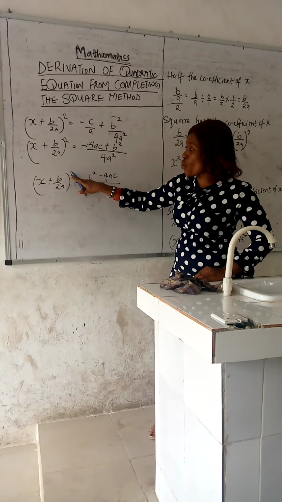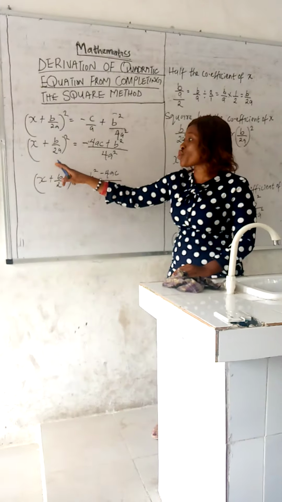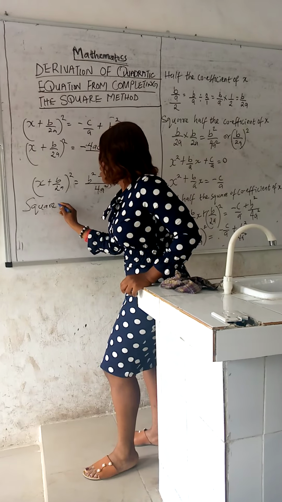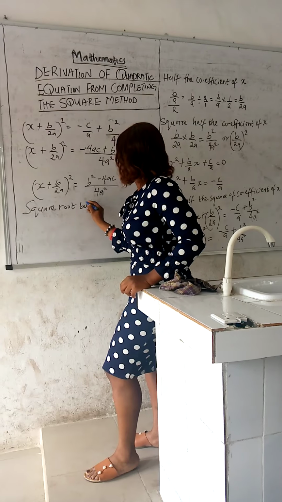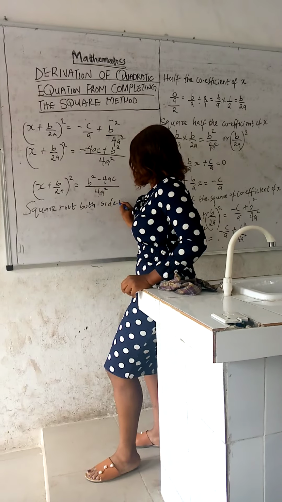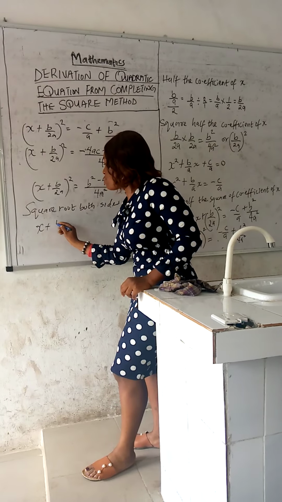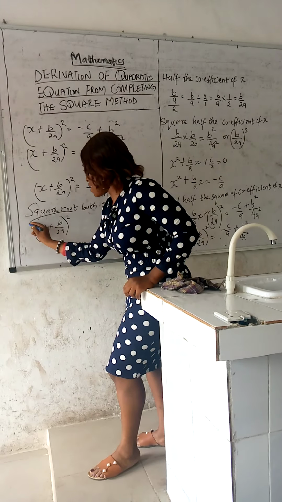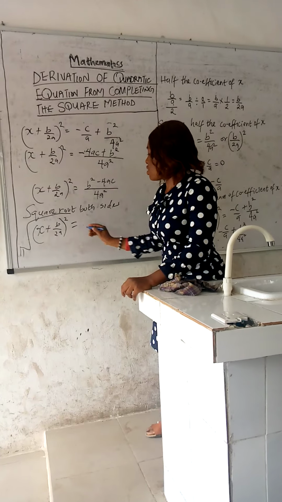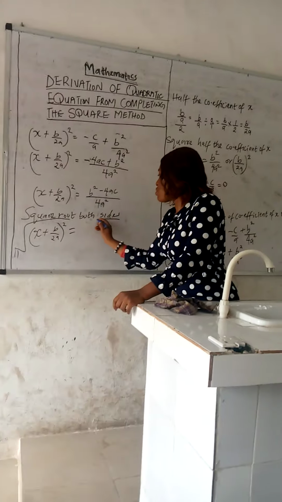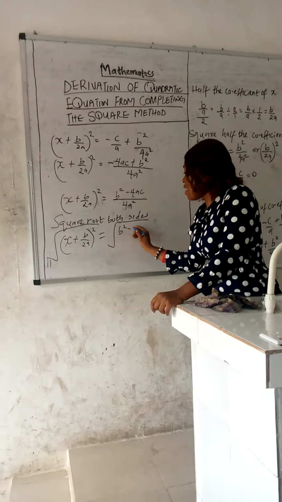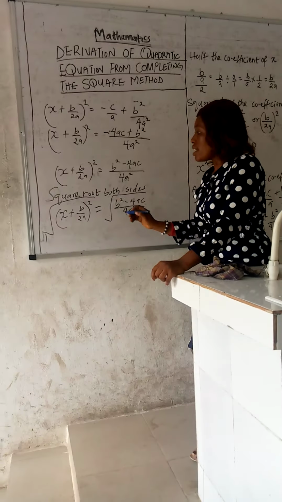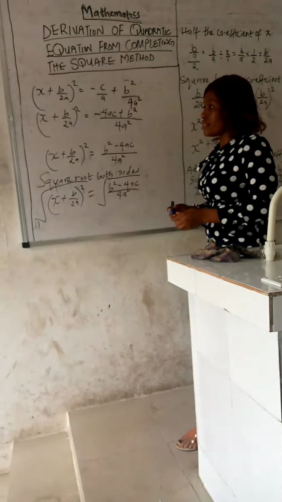For us to cancel this square on the left hand side, we have to square root both sides. So we are having x plus b over 2a, all squared, and now you take the square root. That is equal to the square root of b squared minus 4ac all over 4a squared. Now these two, we cancel this square.